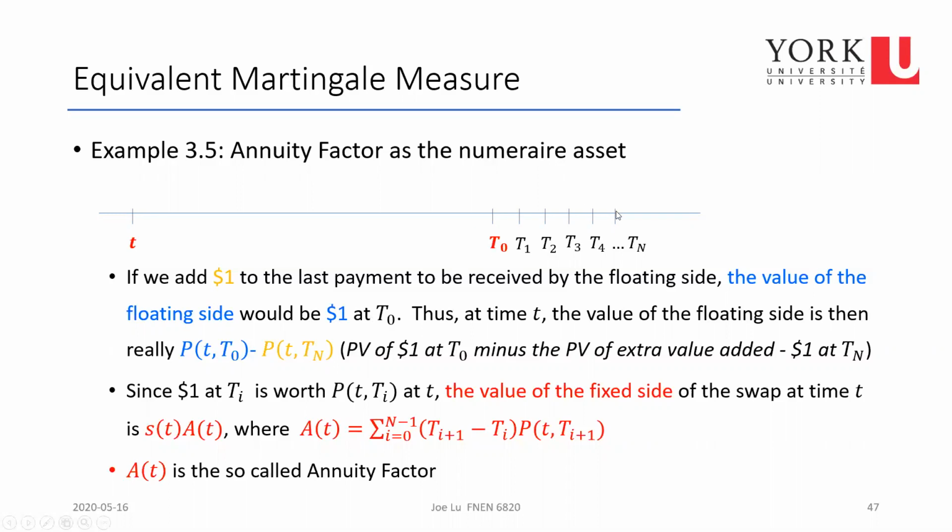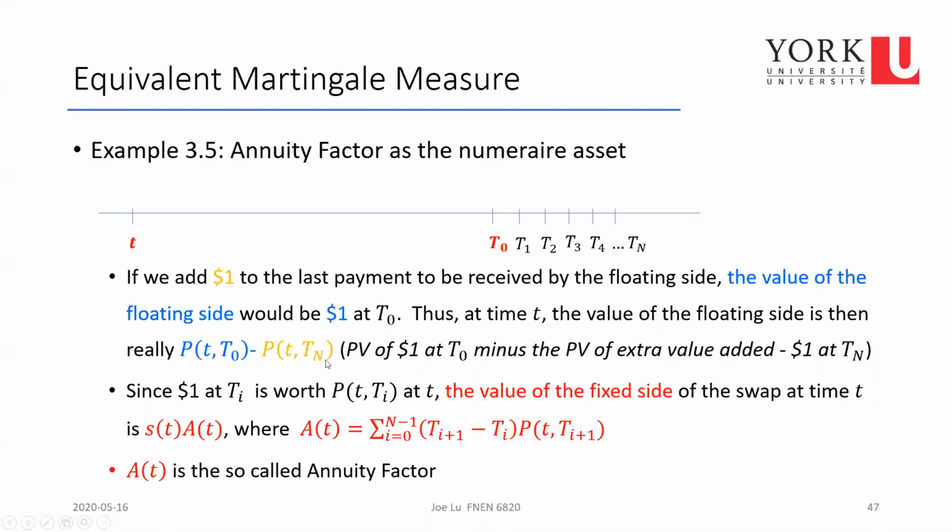So basically, if you were to receive $1 at the end, and in between all those time periods receive the floating rate times that $1, that contract, if discounted by the floating rate, will have a value of $1 here. Now that value of $1 at big T naught is really this value here at the little t. So this really is the discount factor of $1 at big T naught at the little t here, okay?